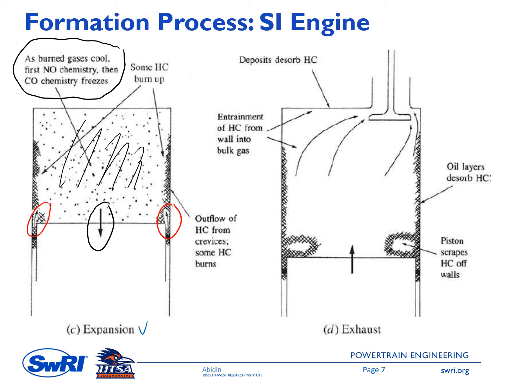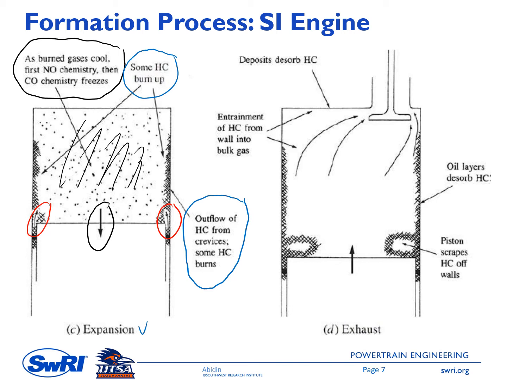So we will have CO and NO throughout the remaining process inside this chamber, and they will be the source of NO and CO pollutant. Some of the hydrocarbon might burn up on the wall, once again depending on the temperature level around the wall. Also, outflow of the hydrocarbon from the crevice here might also burn around the wall.